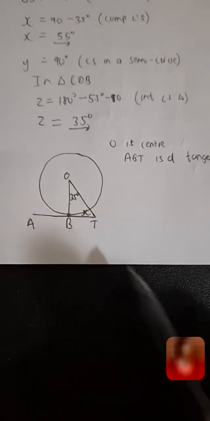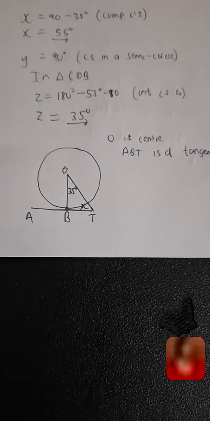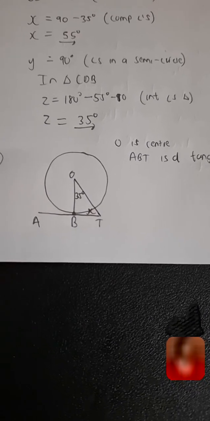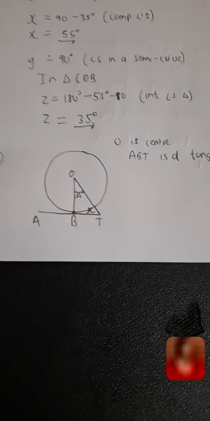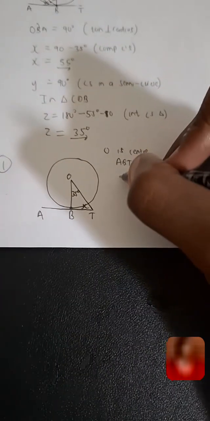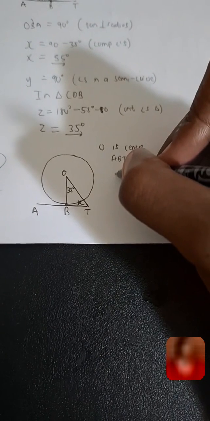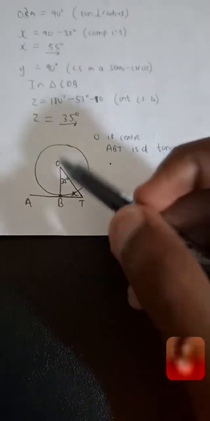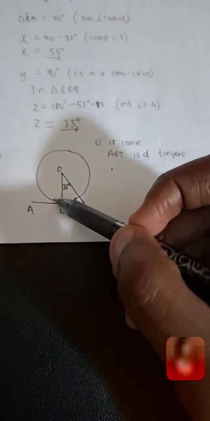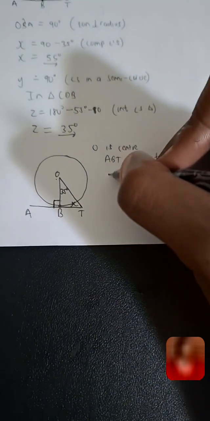Okay. Angle ABO is 90. ABO is 90, that's very true. Angle ABO is equal to 90 degrees.